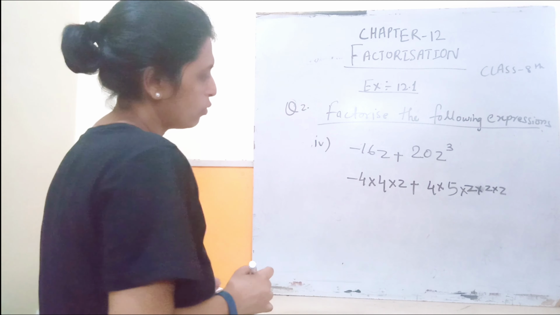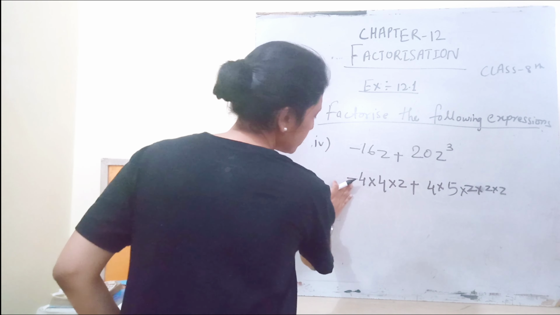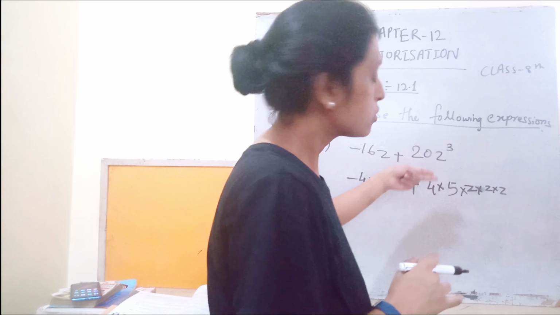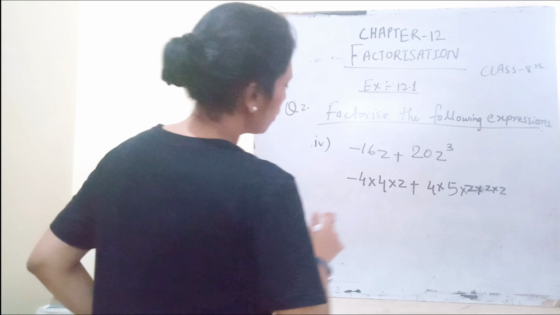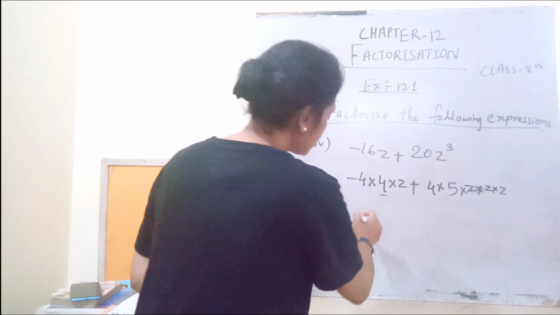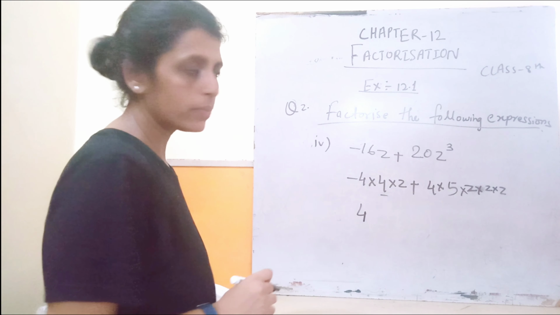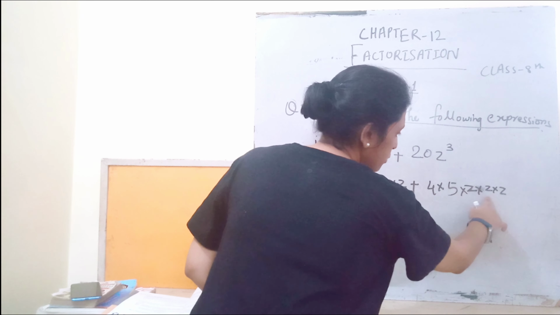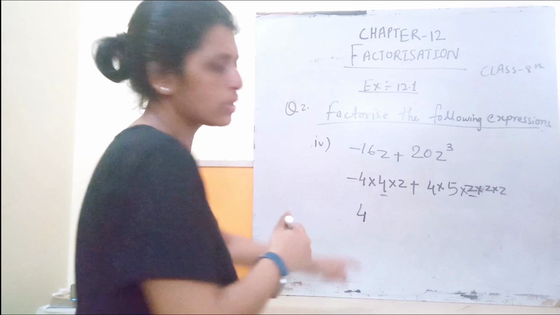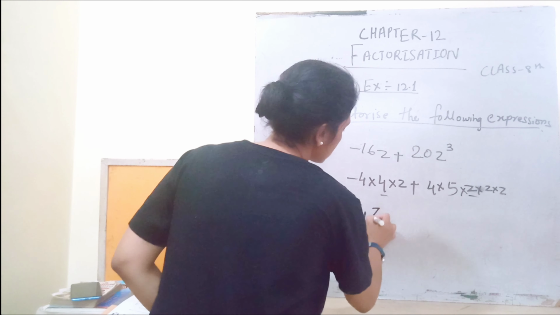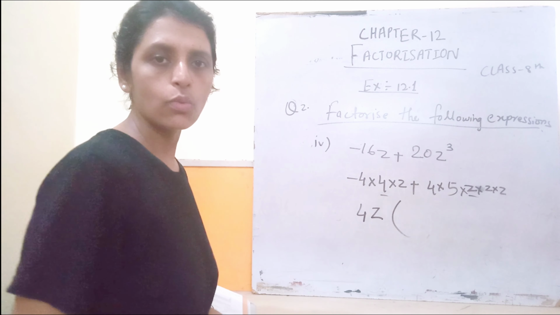Now see children, the minus sign will not be common because the second term does not have a minus sign, so we cannot take minus as common. Here 4 is present, and here also 4 is present. At least one 4 we can take as common. Now here 1 z is there, and here 3 z's are there, z into z into z. So at least 1 z can be taken as common. Then what are we left with?